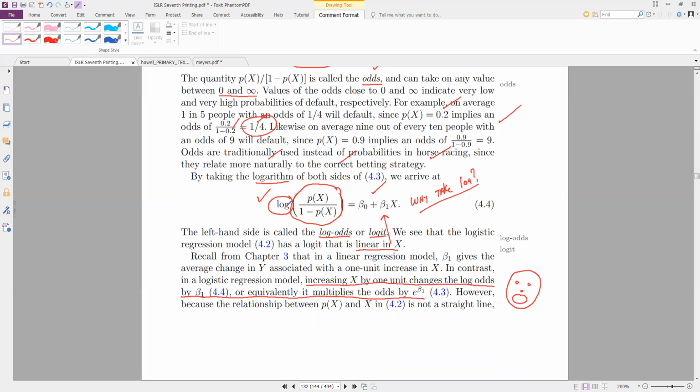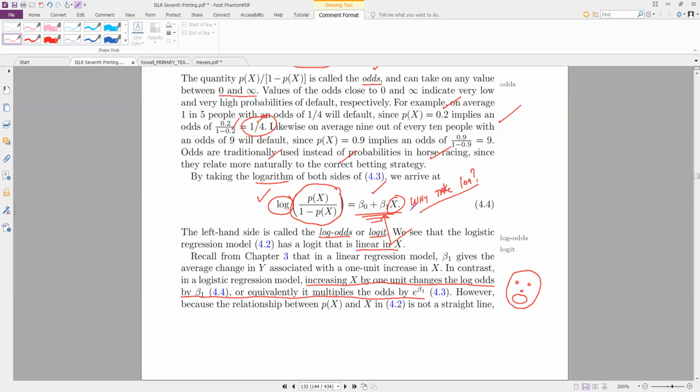When we take the logarithm of the odds, we get something that looks a lot like our original regression equation. When you take the log of the odds, we get something that's linear in X. This is the key to logistic regression.